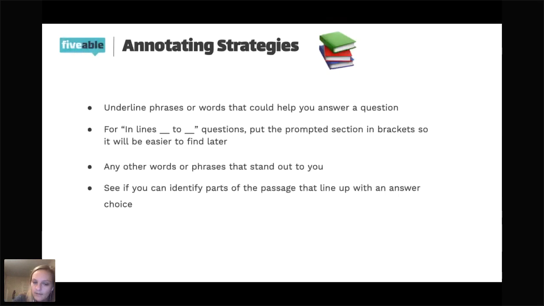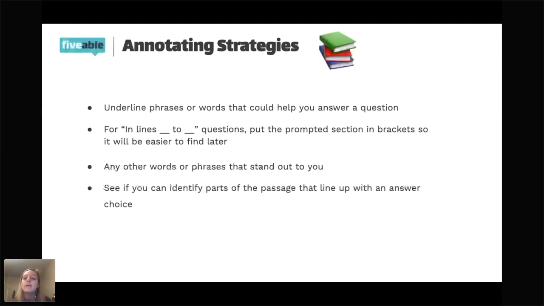See if you can identify parts of the passage that line up with an answer choice. Like when you flip the page and you're on a new passage and you're flipping through the questions and you see an answer choice, and then while you're annotating the passage, you see a part of the passage that goes perfectly with that answer choice, underline it.